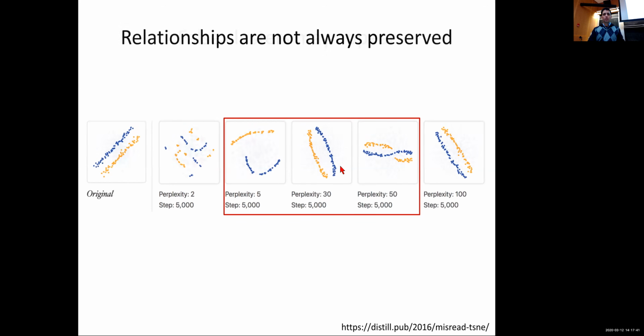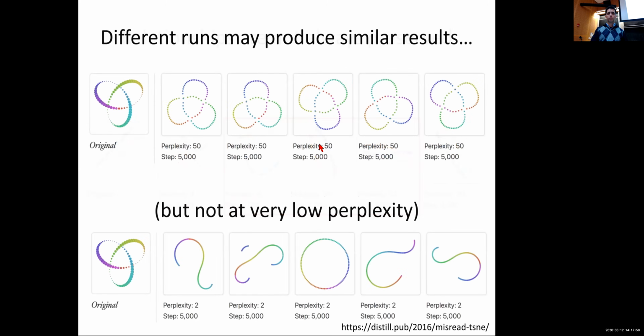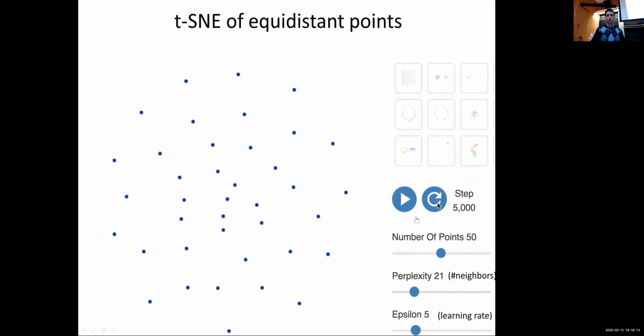Okay? And then some relationships are not always preserved. You can kind of see this, but again, highlighting this central zone here of perplexity values, and at a very similar consistency here. You see that we need different information for the relationship between these points, but at very low perplexity, it doesn't necessarily need to factor that in.